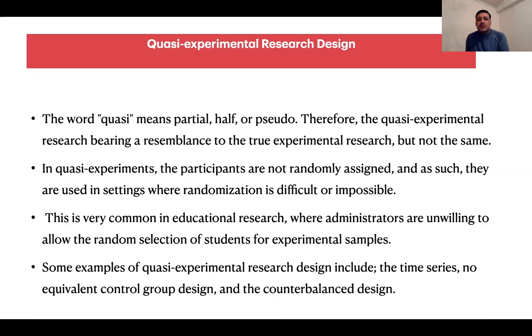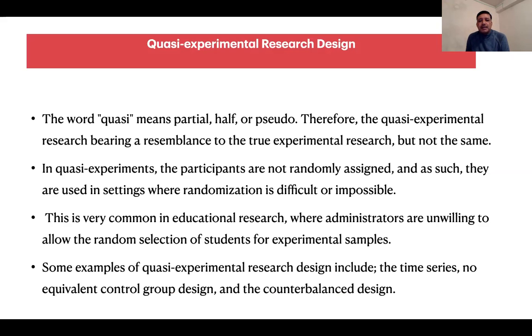And the next one is quasi-experimental research design. Quasi means partial, half, or pseudo. Therefore, quasi-experimental research bears resemblance to true experimental research but is not the same, meaning it's not like a true experimental research. In quasi-experiments, the participants are not randomly assigned and as such, they are used in settings where randomization is difficult or impossible.